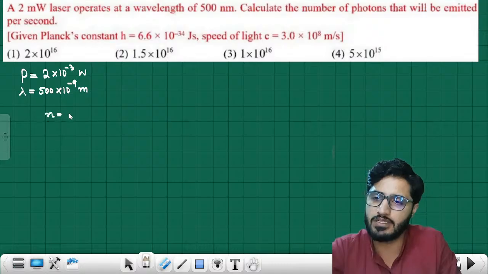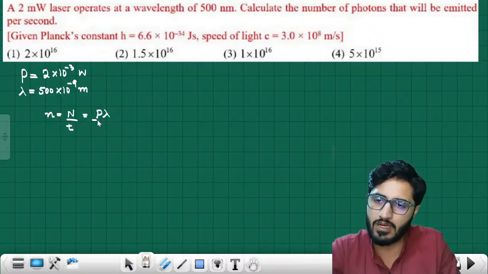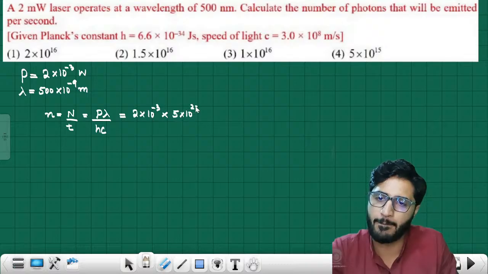Small n means n by t. N by t is equal to P lambda divided by hc. What is P? P is 2 into 10 to the power minus 3. Lambda is 500, that is 5 into 10 to the power 2 minus 9, whole divided by h. H is 6.6 into 10 to the power minus 34 into 3 into 10 to the power 8.